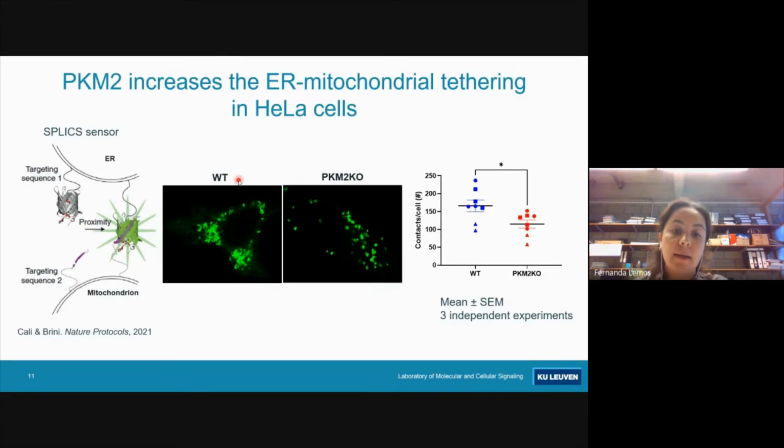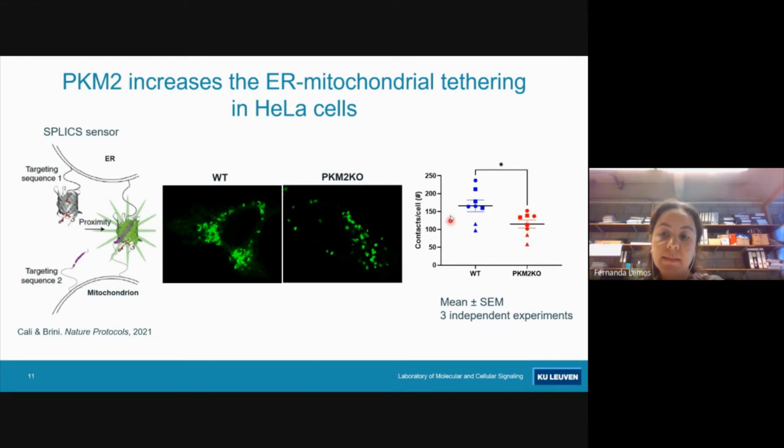And here you can see that in the wild type cells, or in the cells that still have PKM2, we have more dots. Fluorescence dots mean that we have more contact between ER and mitochondria compared to the PKM2 knockout cells.